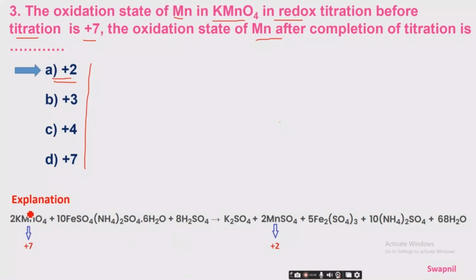In this reaction, the Mn from the KMnO4 has +7 oxidation state, which is then converted into MnSO4, and in MnSO4 it has +2 oxidation state. So the oxidation state of Mn after the completion of titration is +2.